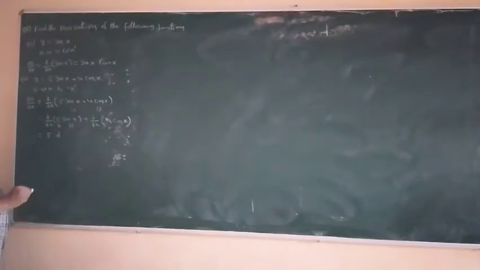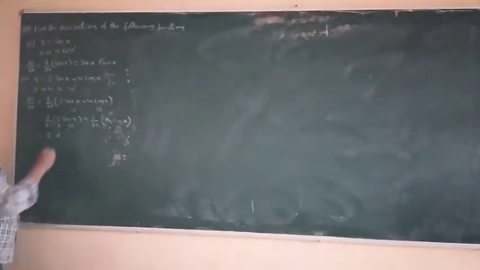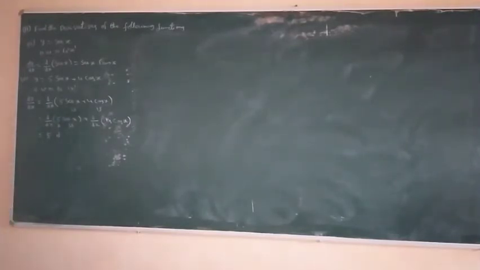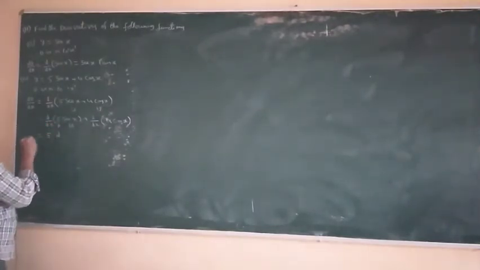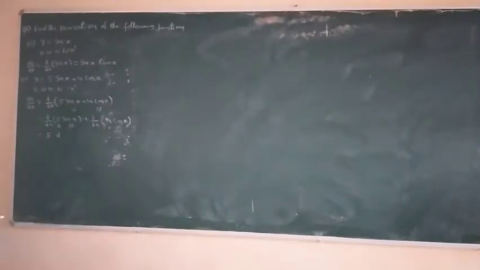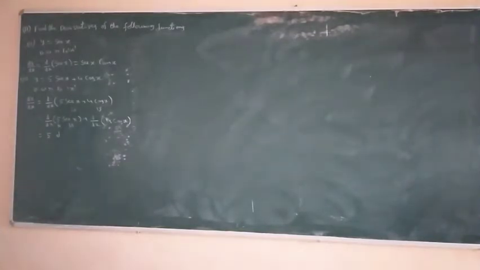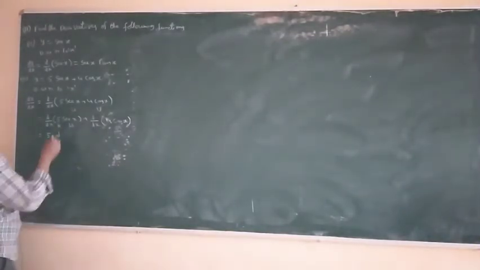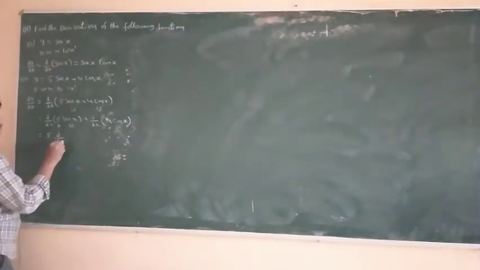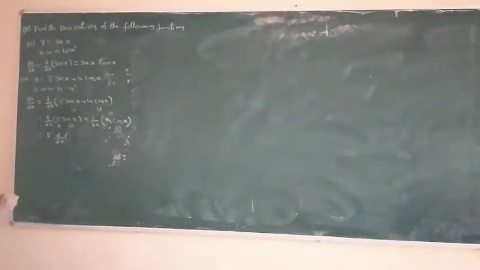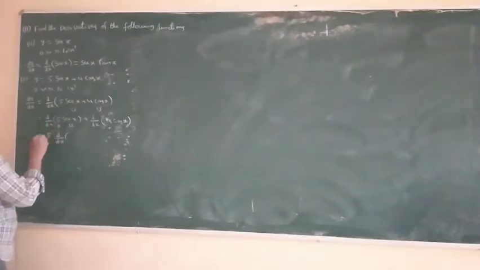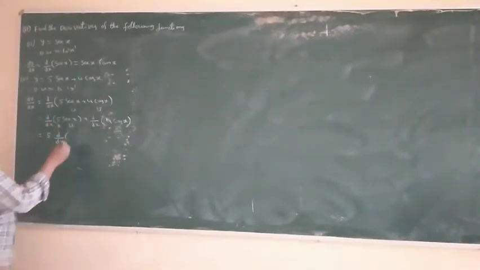A constant multiplied by any function, trigonometric function or anything, is separated from the derivative, so we only have to differentiate the other function. So, 5 into d by dx, because derivative of a constant is equal to 0. That is why the constant 5 is separate from the derivative.